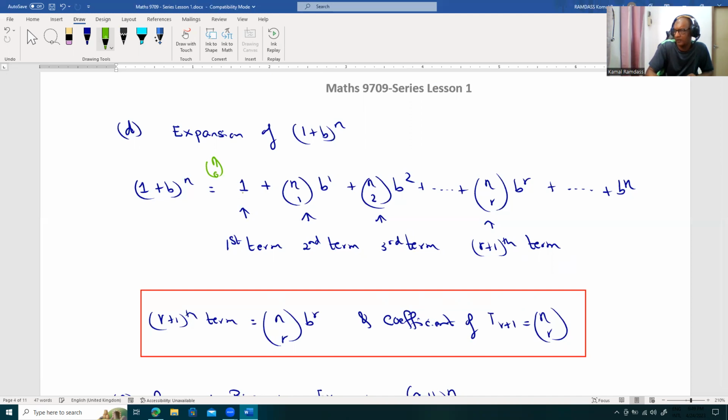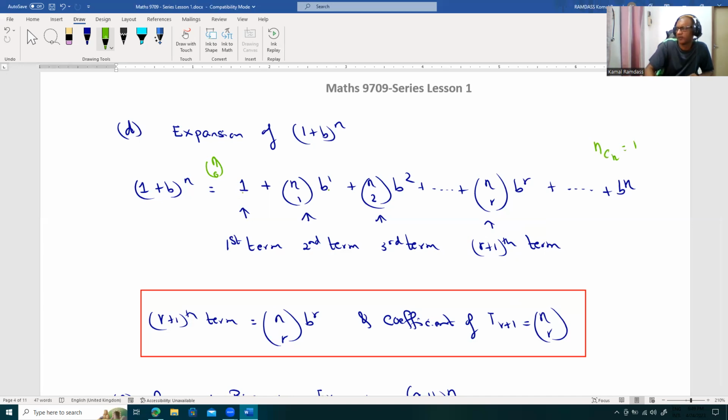Ça fois 1 plus nC1 b to the power of 1 plus nC2 b to the square plus point point point. Ça veut dire plus nCr b to the power of r. Il y a les mêmes, jusqu'à nCn. nCn est égal à 1, nCn b to the power of n.